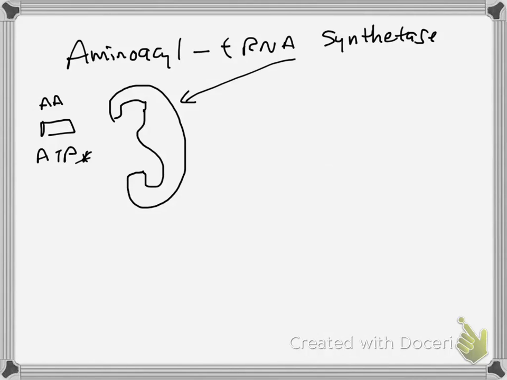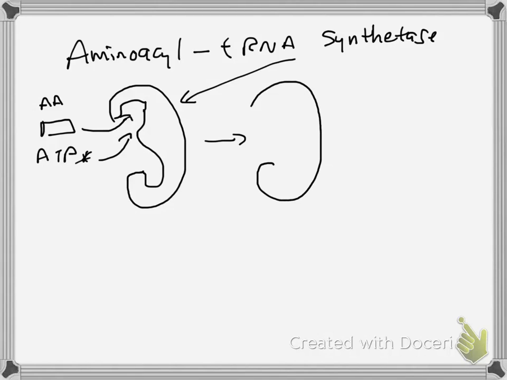This amino acid fits into the active site, our ATP is going to enter, and we're going to end up with a phosphorylated amino acid inside of our enzyme.